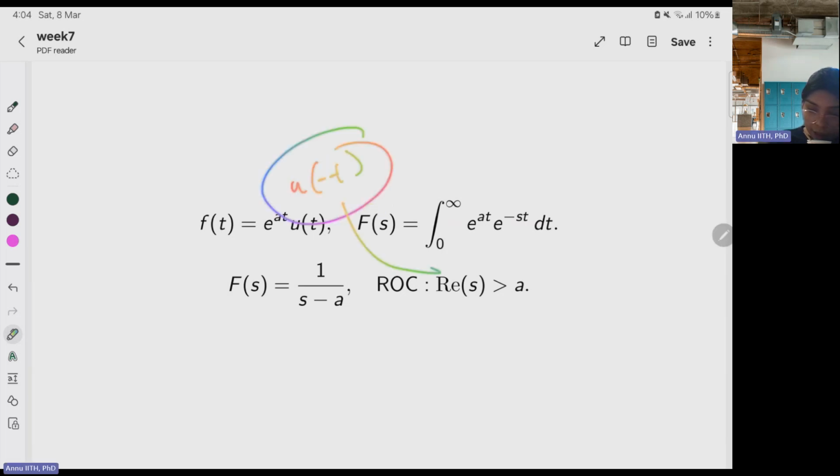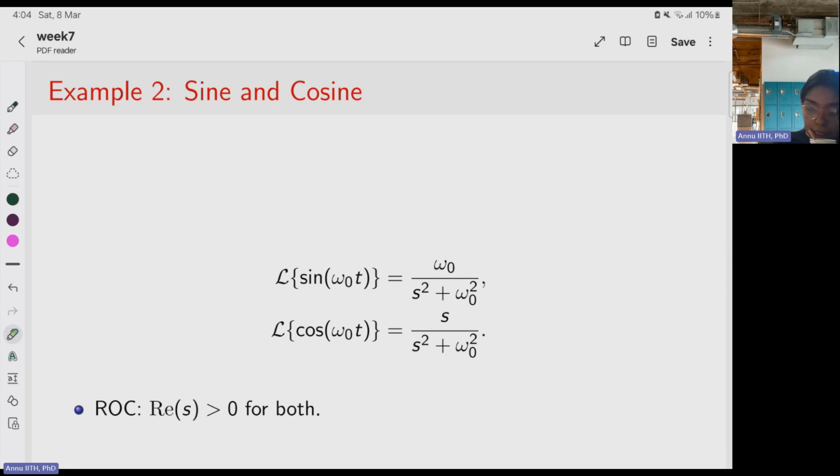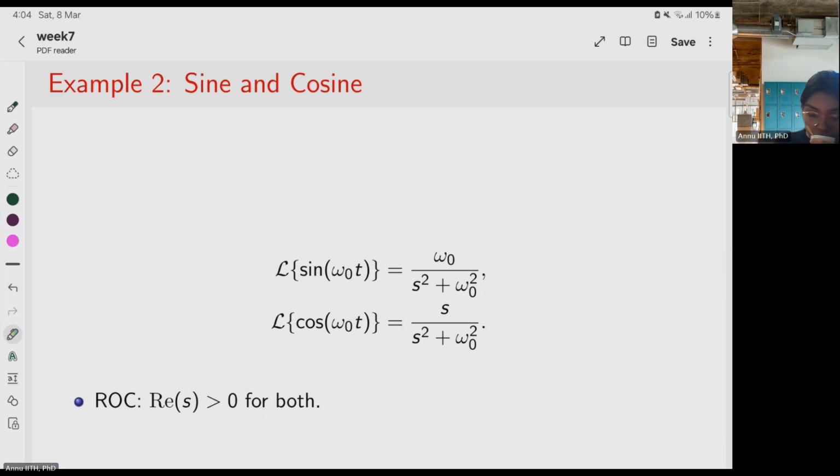In that case, the ROC will change to real of s less than a. Then the sine and cosine. You can directly calculate them, but you should remember this.